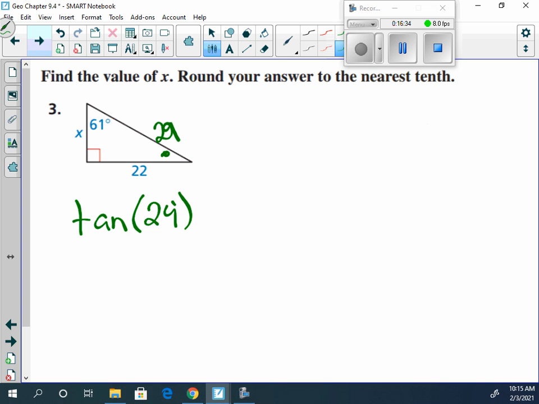Okay, let's see here. What's tangent of 29? Opposite over adjacent. Now the opposite side is x and the adjacent side is 22, yes? Would this make it a little bit easier to solve? Yep. A little bit. Because what do I do this time?